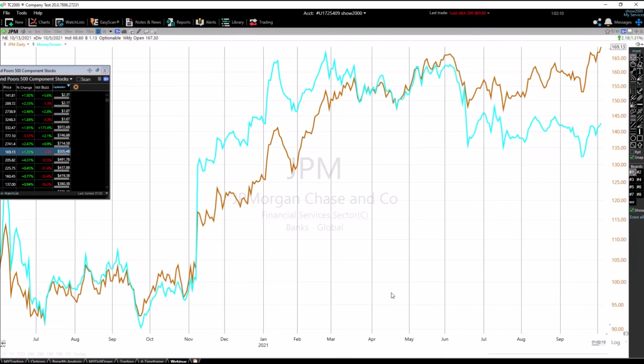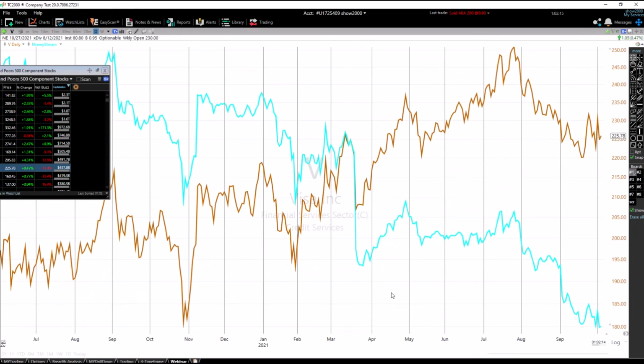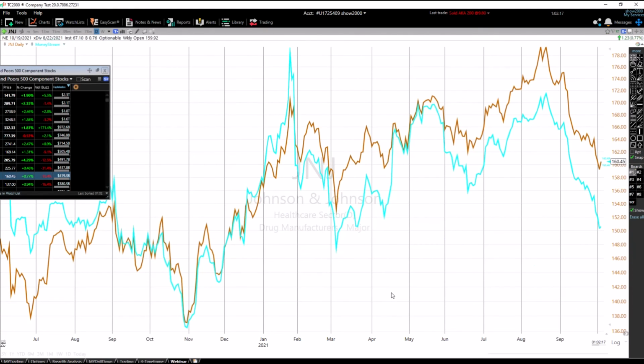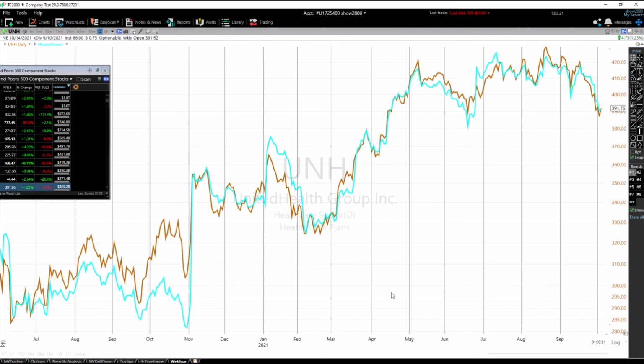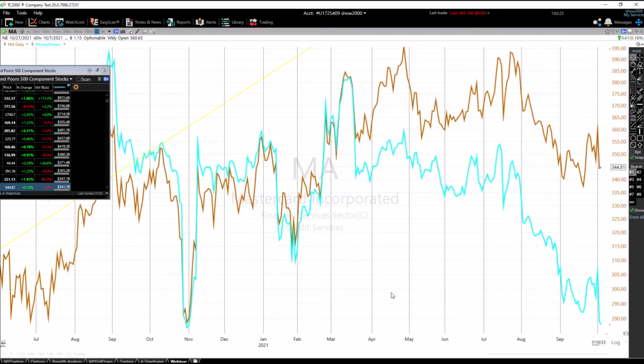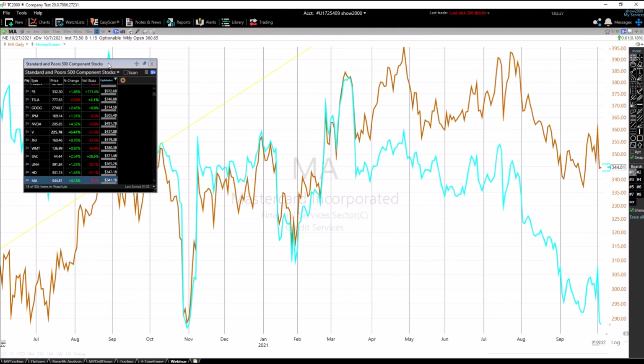One of the fun things about this is it's really easy to see divergences when maybe the stock is going up and the indicator is going down, or vice versa. So it is a very easy way to see that. MoneyStream is not the only one that you could display like that. There are a few that really do work well as an overlay.